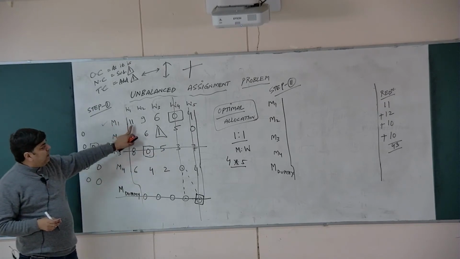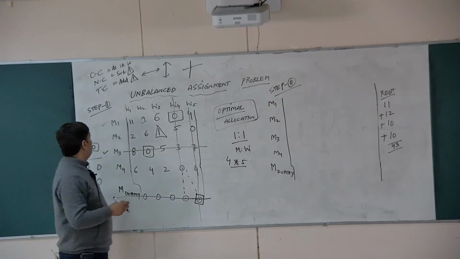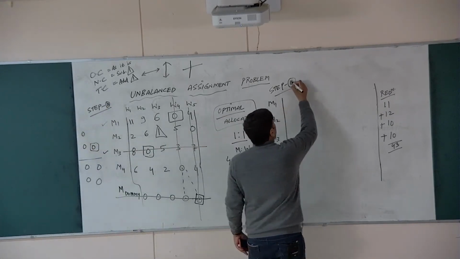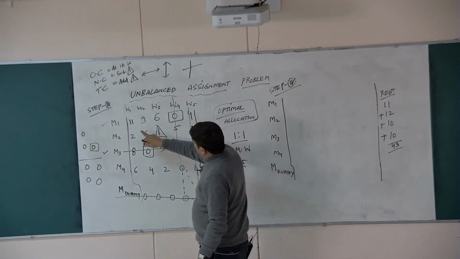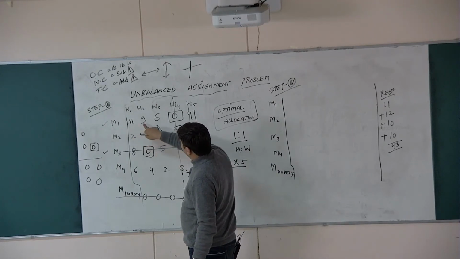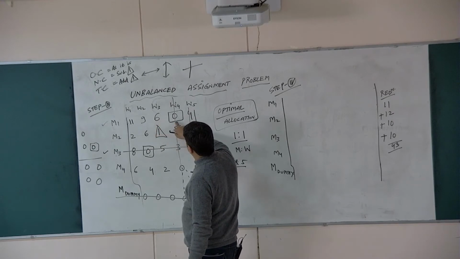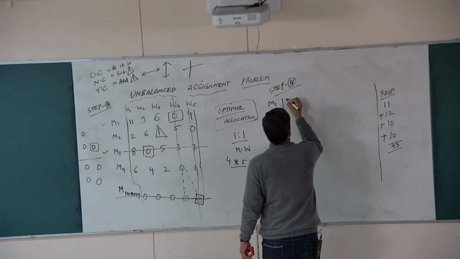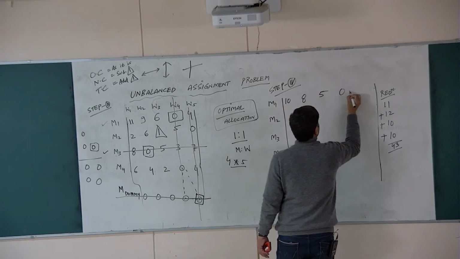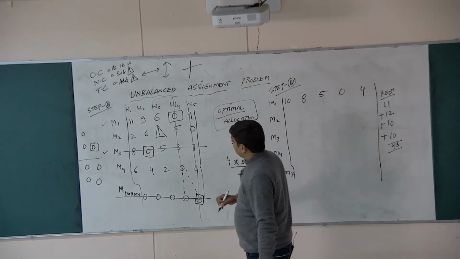Now I will reproduce this matrix into the new matrix. Since this was step number 3, now I have step number 4. So not cancelled, subtract 1. So 10, 8, 5, 0 and 4.